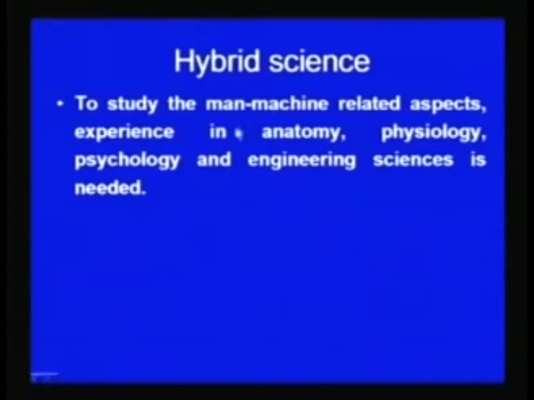Ergonomics, as I have said, is a hybrid science, because to work on ergonomics-related aspects, knowledge is required in the areas of anatomy, physiology, psychology and engineering sciences. Anatomy basically deals with human beings and animals, and physiology is about strength, speed and body dimensions.